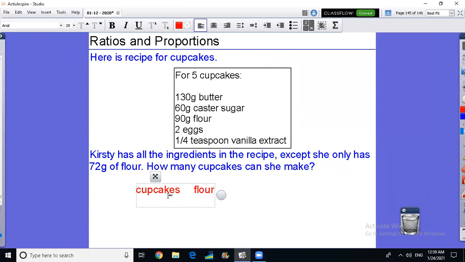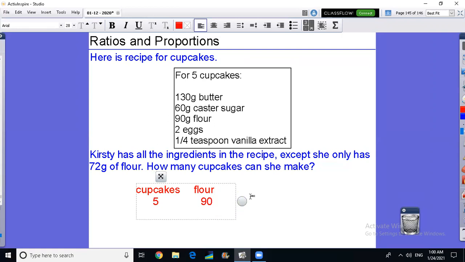Let's find the fact. Cupcakes, they said here, the fact is just in the question in the beginning here. It doesn't always have to be in the beginning, but here it is obvious. It's just telling you here is a recipe for cupcakes. For 5 cupcakes, you need all these ingredients. So here you find that it is for 5 cupcakes. This is what the fact says. You need 90 grams of flour.